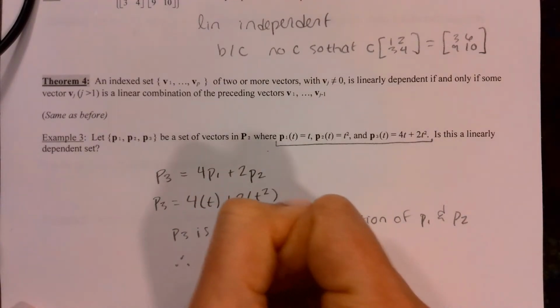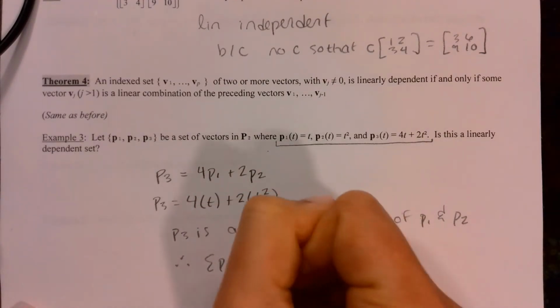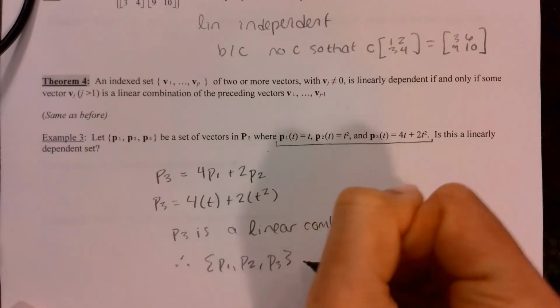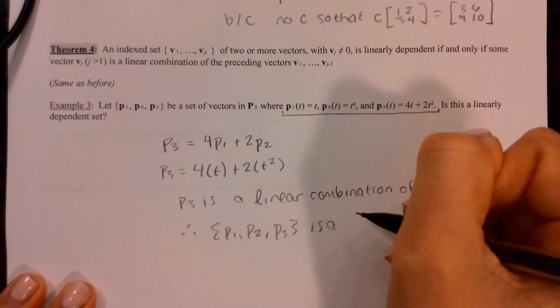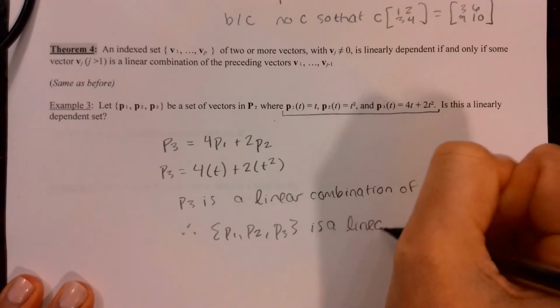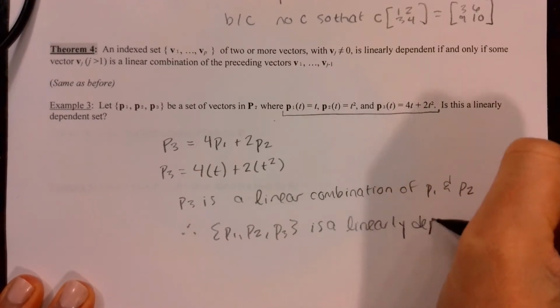Therefore, P1, P2, P3 is a linearly dependent set.